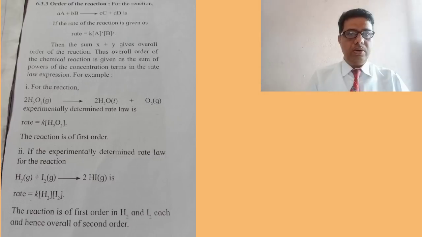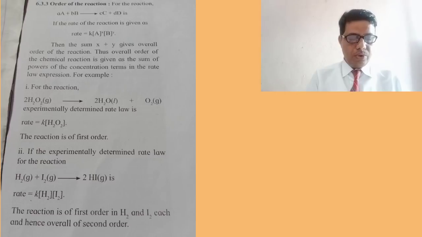According to the rate law, the reaction is first order in hydrogen and iodine respectively, as their concentration powers x and y here are 1, so the order of reaction in terms of hydrogen and in terms of iodine is 1, that is first order.